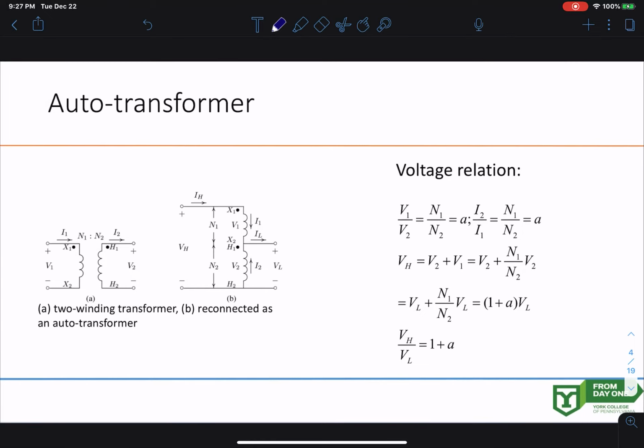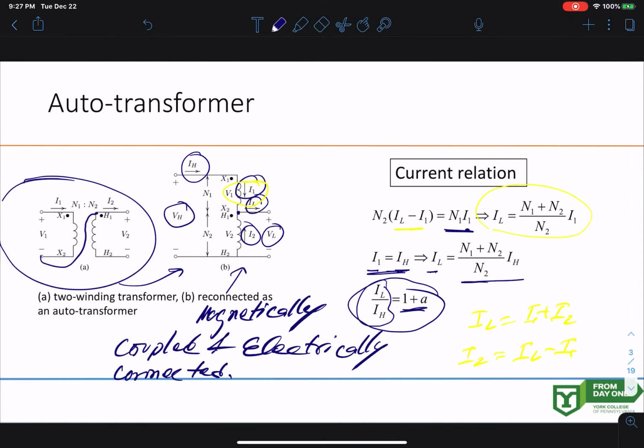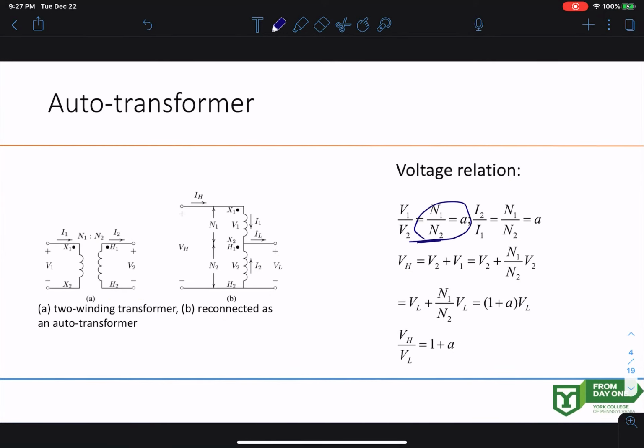So now let's try to find the voltage relation here, okay? Again, A over here is N1 over N2. All right, so now over here, again, the same connection. VH over here is adding both voltages, V1 plus V2, so adding this one and this one over here. And V2 is over here, right?